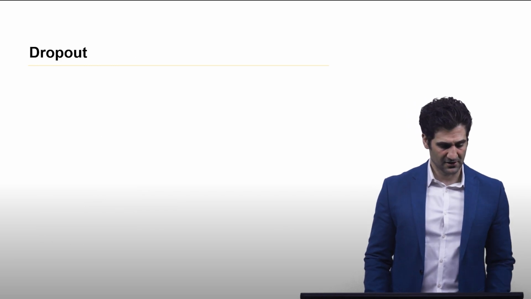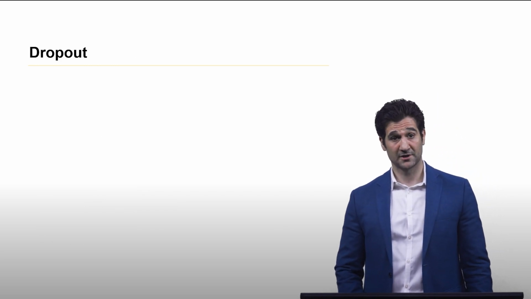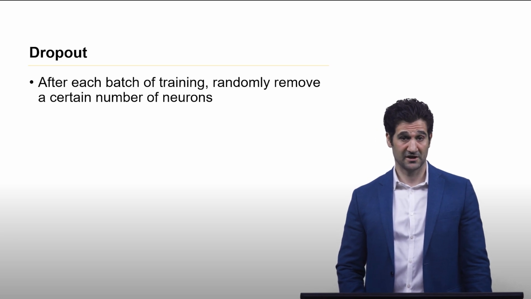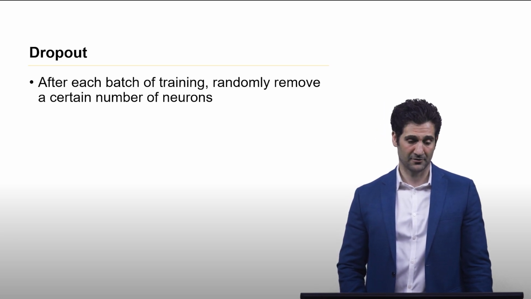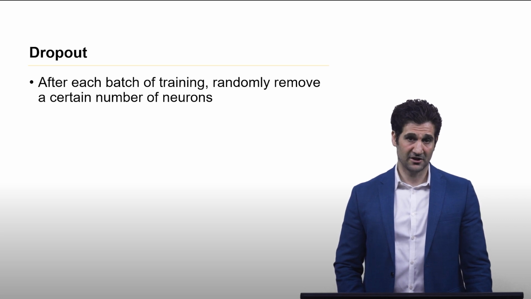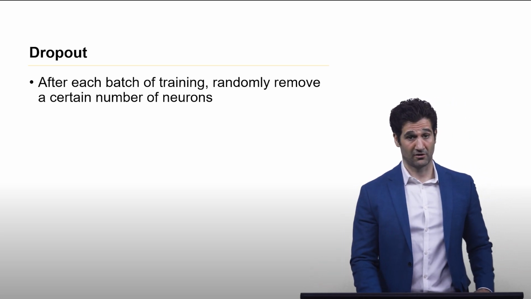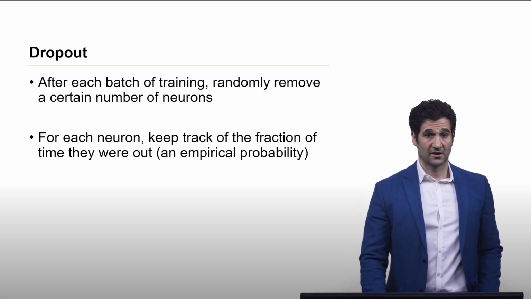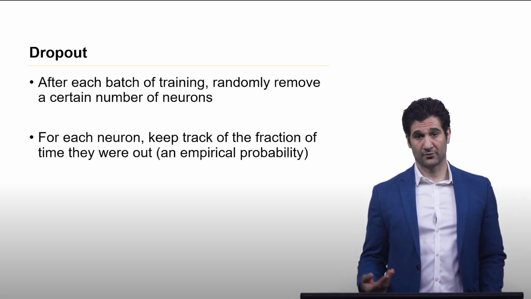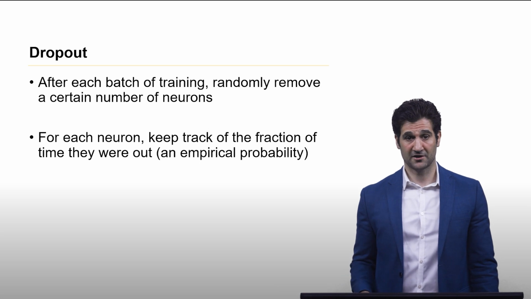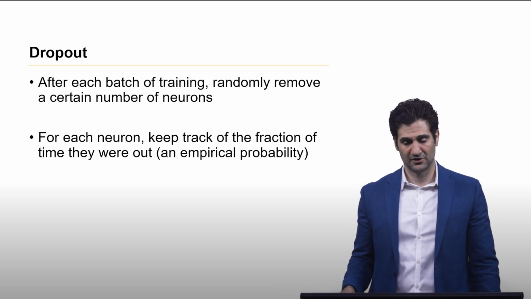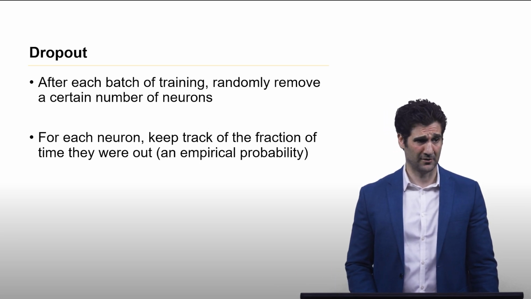Now there's another way to look at regularization that's specific to neural networks, and the idea is called dropout. After each batch of training, we randomly remove a certain number of neurons. Then for each neuron, we keep track of the fraction of times that they were out. This is computed like an empirical probability.